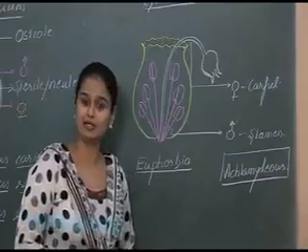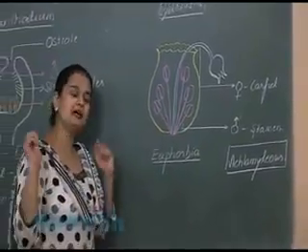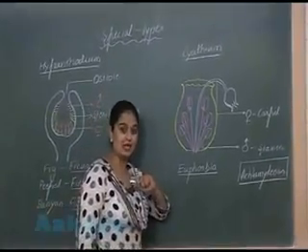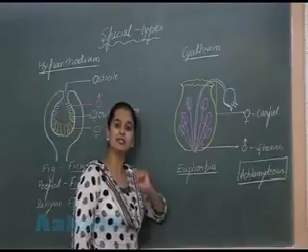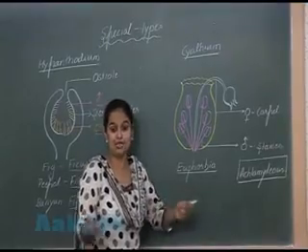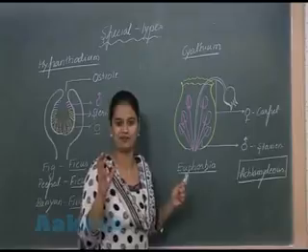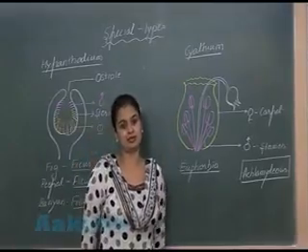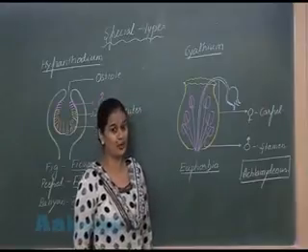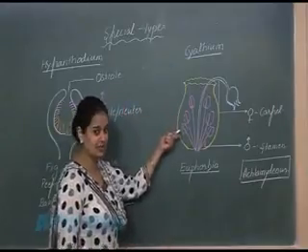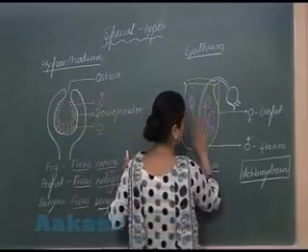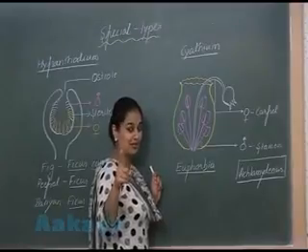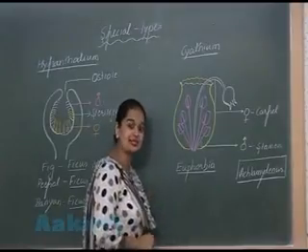So now here I would like to put one question. Among all the inflorescences we have studied so far, which inflorescence gives the appearance of a single flower? You know that inflorescence means a group of flowers, but it gives the appearance of a single flower. For this, one example is the Cyathium. You can see it is giving the appearance of a single flower, and another example is Capitulum, the inflorescence present in the sunflower.